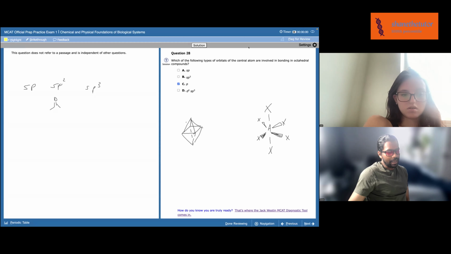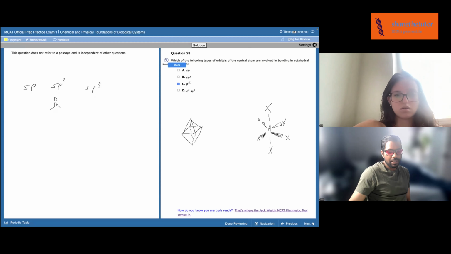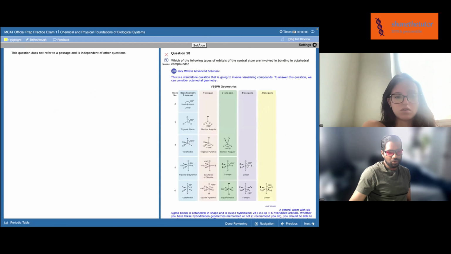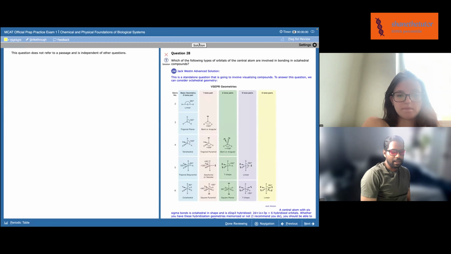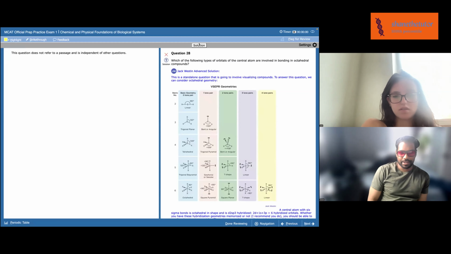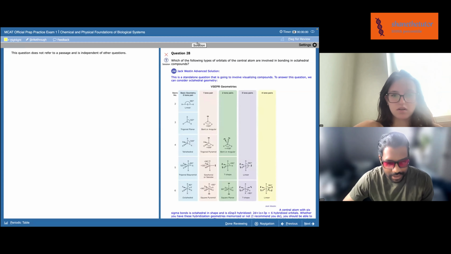We're looking for hybridized orbitals, a mixing of s and p and so on, so p alone won't work. You could also hit solution here, and there should be a nice table you can save and memorize at some point. But yeah, octahedral right here.